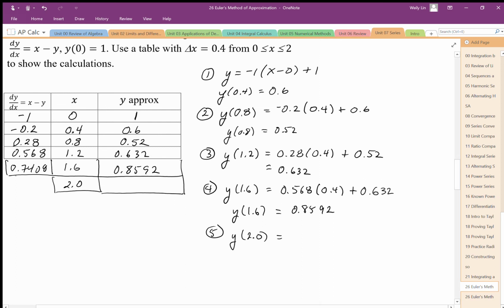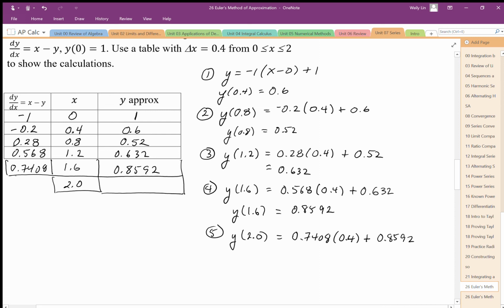So my equation is 0.7408 times x minus x1, so it's going to be again 0.4, plus, I'm going to estimate from this last point, the y coordinate of 0.8592.